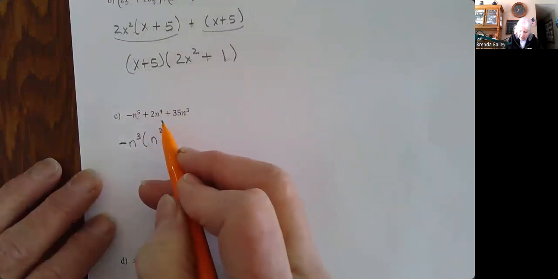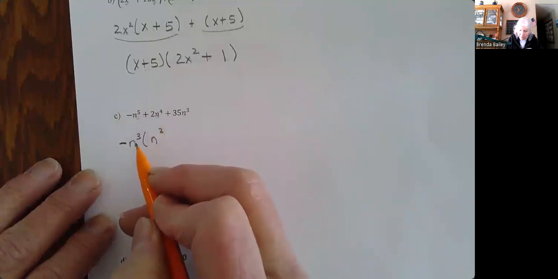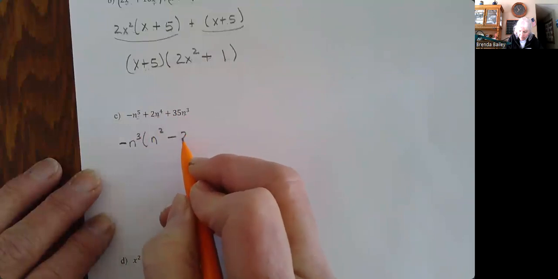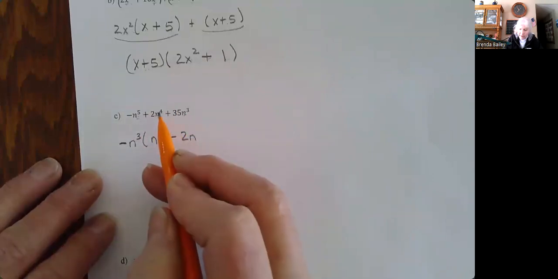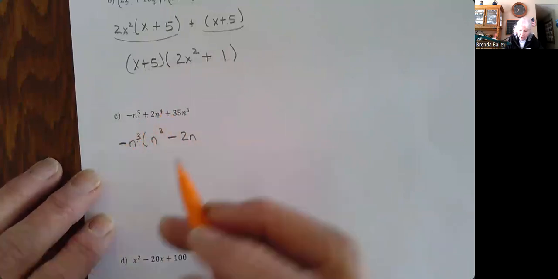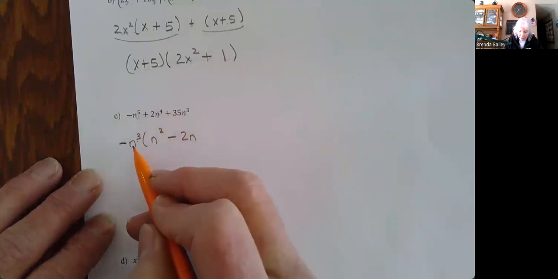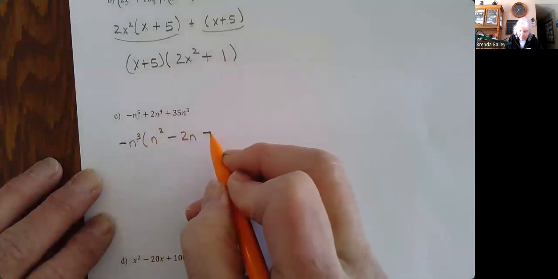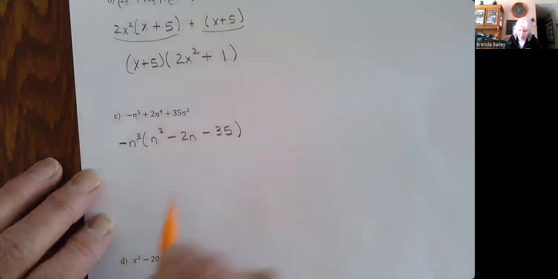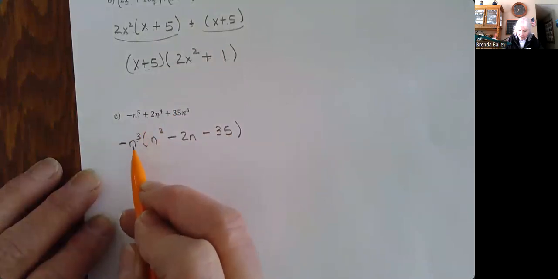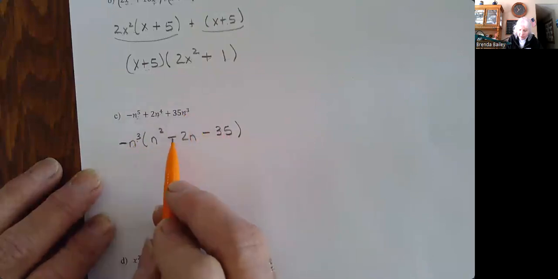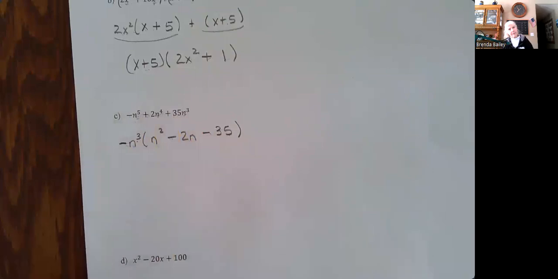And then this 2n to the 4th divided by this will be a minus 2n. Okay? Subtracting the exponents. And it's a negative because a positive over a negative is a negative. 35 divided by a negative n cubed, it's going to be a negative 35. The n cubes cancel. Again, if you were to multiply this, adding exponents, you are going to come back to the original. And remember, negative times a negative is a positive, and negative times a negative is a positive.